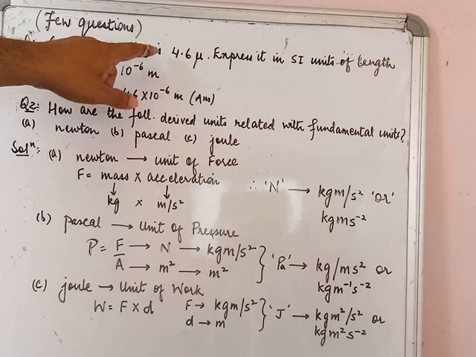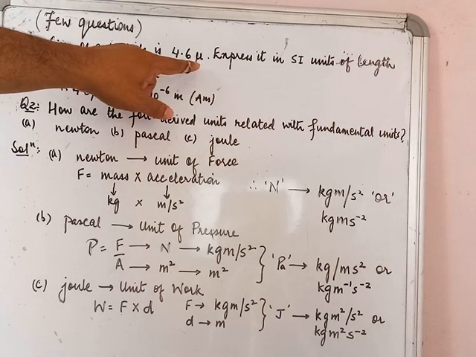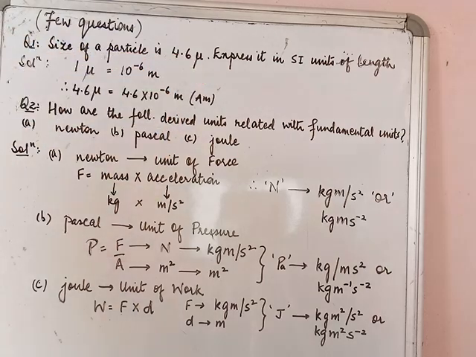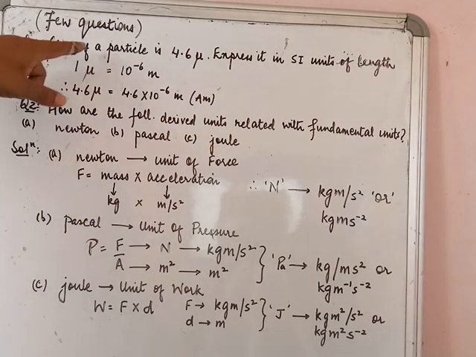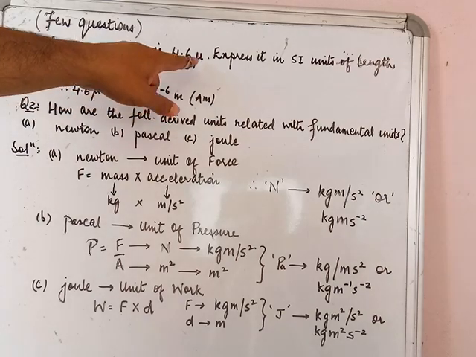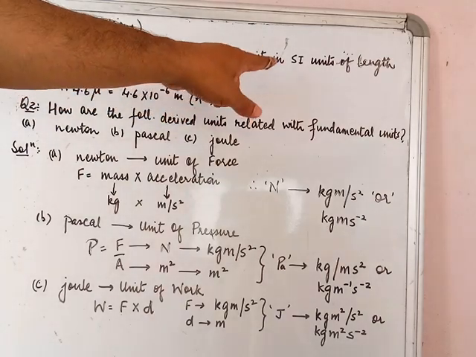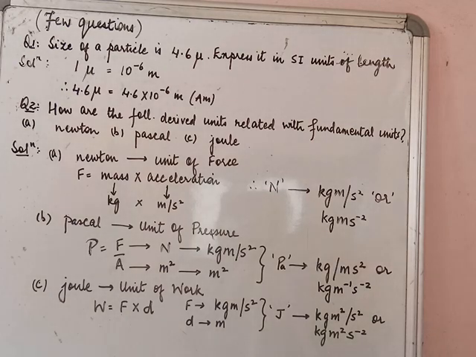Size of a particle is 4.6 microns. This mu symbol, if you remember, we have already used it in the second video. It is a representation of one of the smaller units of length. So the size of a particle is 4.6 microns; express it in SI units of length.